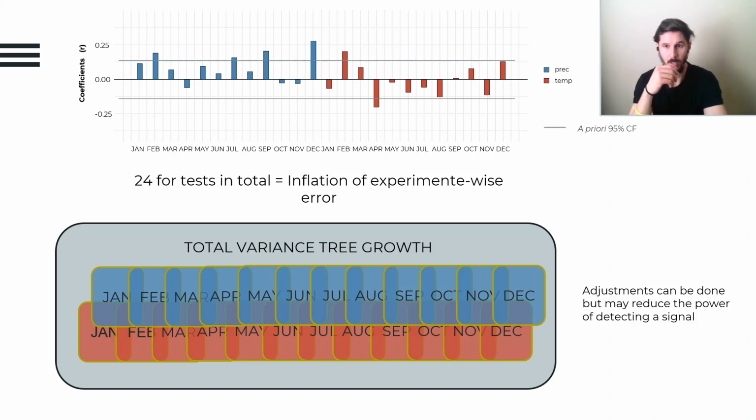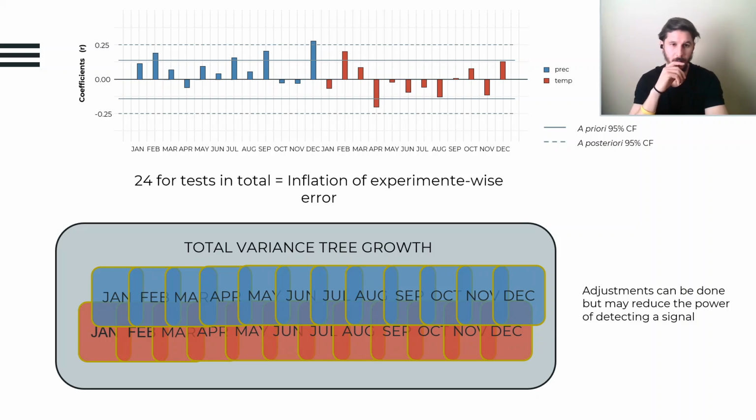So for example, an a priori confidence interval would have several variables deemed as significant, and if you do an a posteriori, adjusted one, only December for precipitation would actually be significant. Does that mean that only December is important? No, right? But that's what it kind of implies.